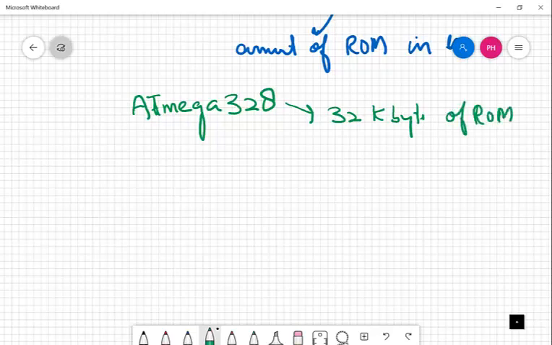In the next class, we will be discussing many more features of this ATmega328. Let me just tell you about some of its features. It has 32 kilobytes of ROM.